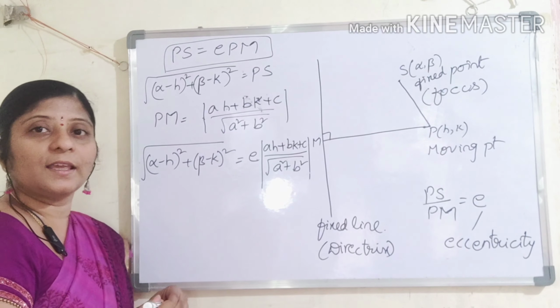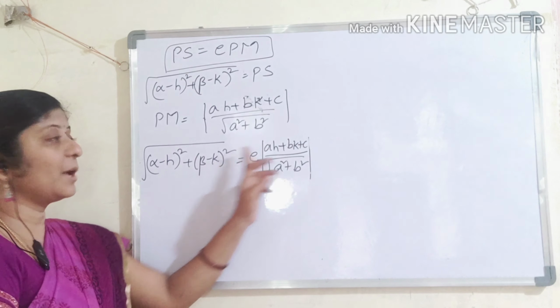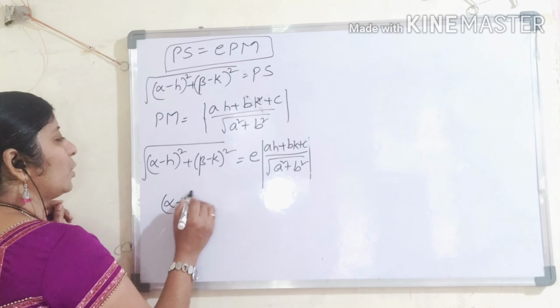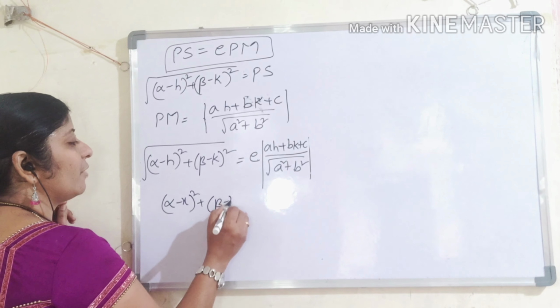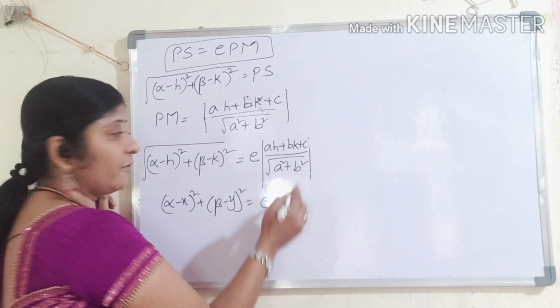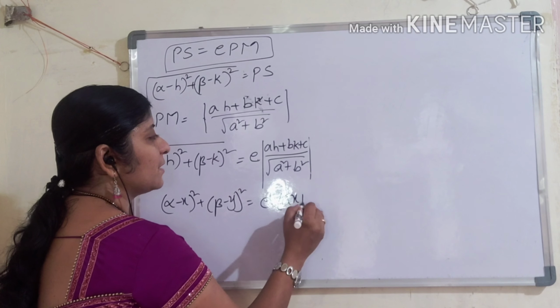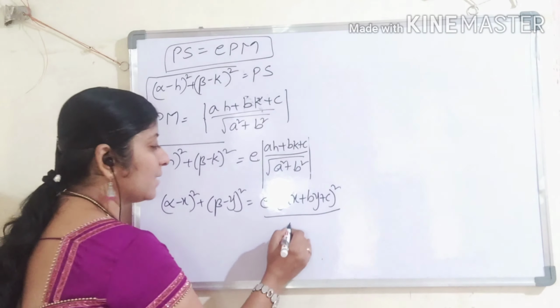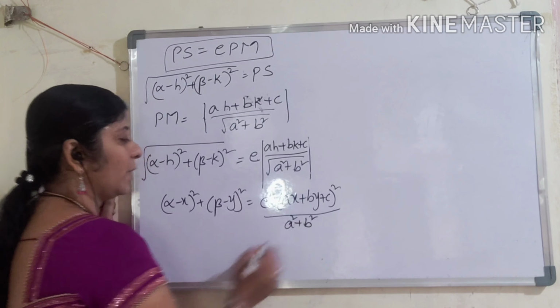By squaring both sides and replacing (h, k) by (x, y): (alpha minus x) whole square plus (beta minus y) whole square is equal to e square times (ax plus by plus c) whole square by a square plus b square, as the root gets cancelled.